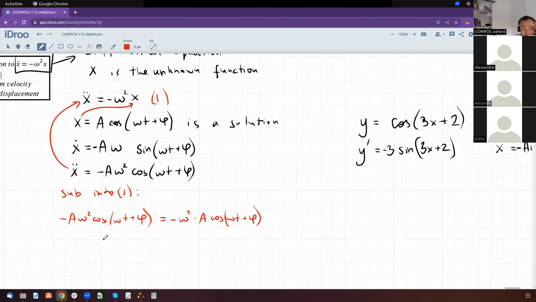And you can easily see that this is true. Therefore, x equals a cos omega t plus phi is a solution.